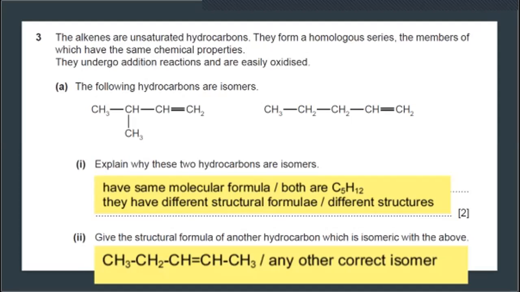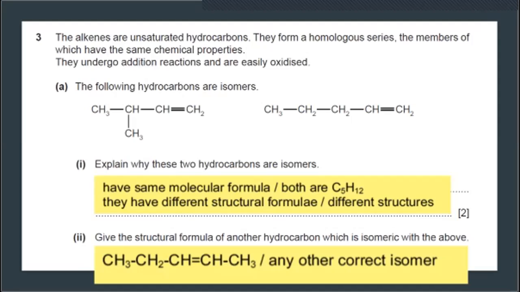Means to say that the double bond is not in the same place. The carbons are not lined up the same way. They both have 5 carbons and 12 hydrogens, except the arrangement of the carbons is not the same.